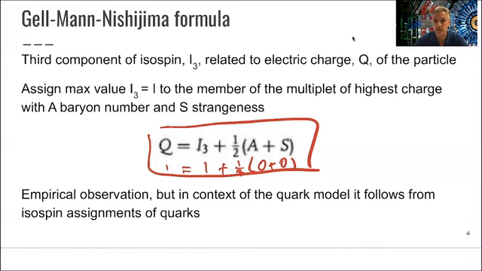This was empirically observed, but once you later develop a quark model, in the 1970s, you can deduce this equation directly from the assignment of isospin to quarks, which is rather fascinating. Again, we don't understand the physics fully, but just from the symmetry, and empirically, you can deduce information about physical systems.